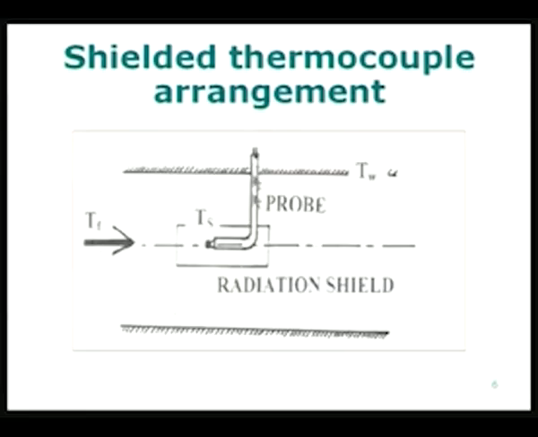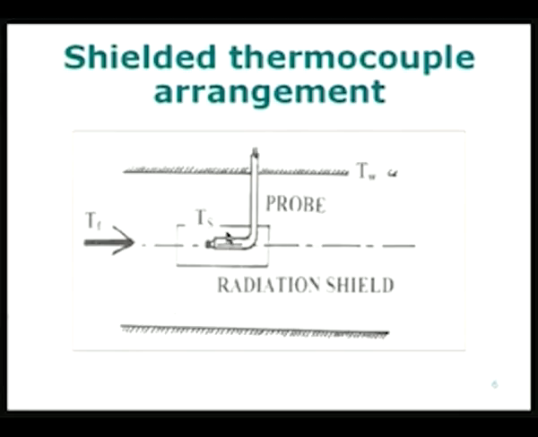If I have the bare thermocouple or the probe alone without the shield which is shown here, the temperature of the probe will be intermediate between Tf and Tw, such that the amount of heat transfer from the fluid to the probe, if it is equal to the heat transfer from the probe to the wall, that will be the equilibrium condition, and the temperature of the probe will take up such a value that this equilibrium is achieved. Okay.